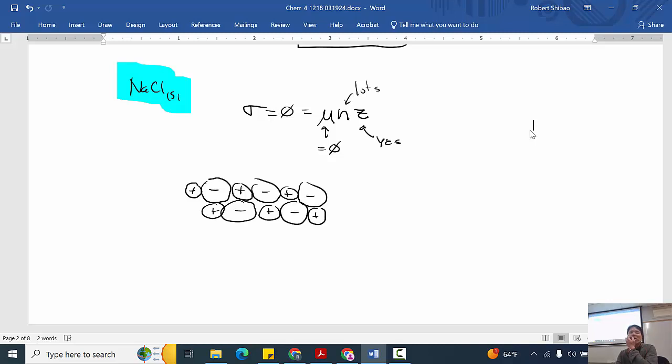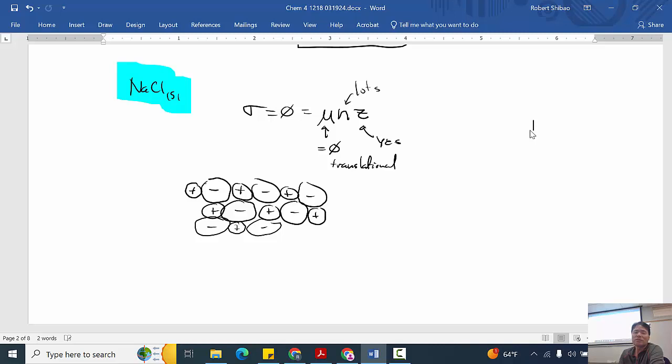There's no mobility. Because in a lattice of sodium chloride, the only motion we have is what type of motion? Vibrational. And so all we're going to have here is vibrational motion. No translational. We need translational motion. Zero translational motion.